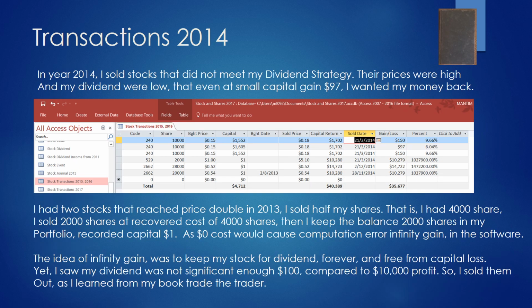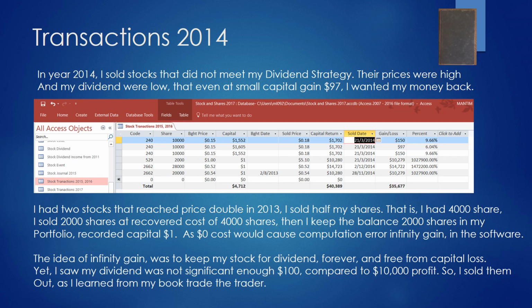Transactions 2014. In year 2014, I sold stocks that did not meet my dividend strategy. Their prices were high and my dividend income were low. That even at small capital gain, $97, I wanted my money back.